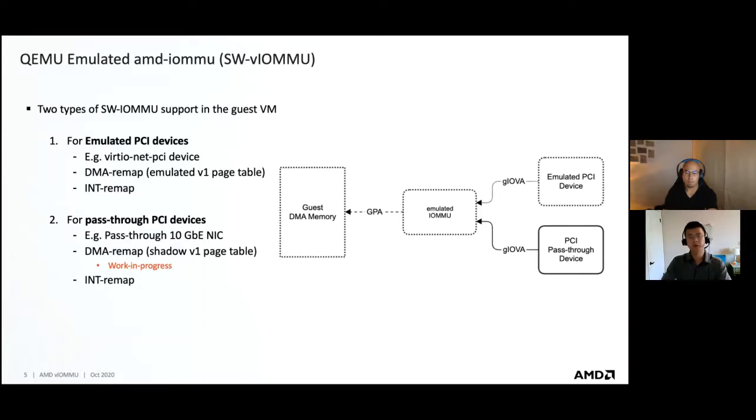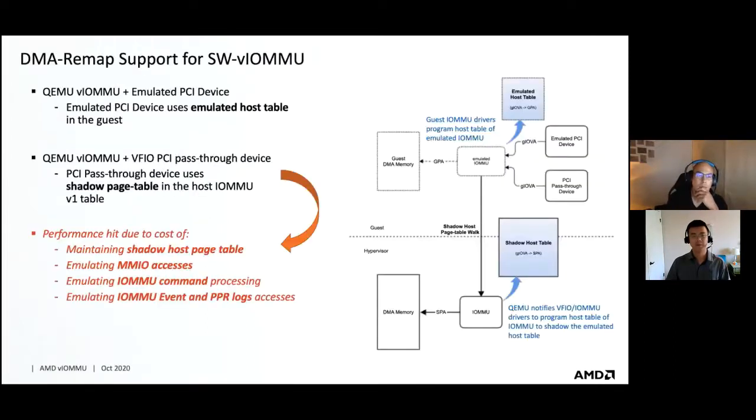For example, you want to pass through a 40 gig NIC into your guest VM, and in the guest VM, you want this device to be managed by the AMD IOMMU driver. Both devices are supported for DMA remapping and interrupt remapping. But the implementation for DMA remapping is actually a little bit different.